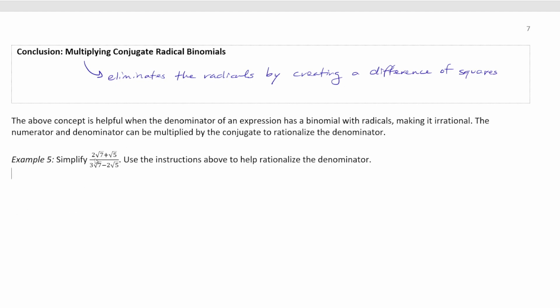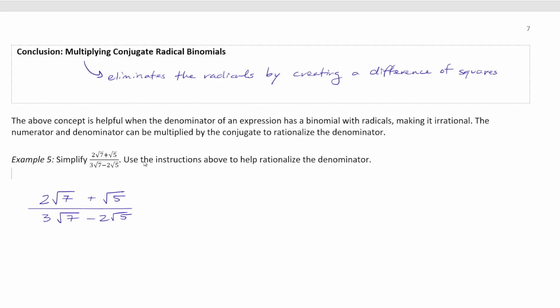So I'm going to take this fraction right here, (2√7 + √5) over (3√7 − 2√5). Recall, these cannot cancel because there are basically brackets around here, so we have to do the addition in the numerator and the subtraction in the denominator before we divide.